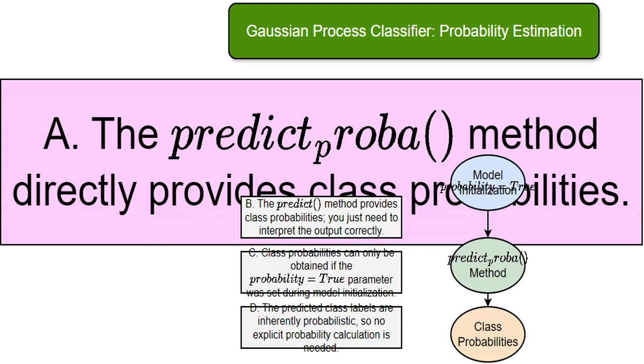Yes, the predict_proba method directly outputs the class probabilities, but only if you set probability true during the initial model creation. It's important to remember this. It's the correct way to access them. This fact is true, but only under the condition that you set the probability true flag.